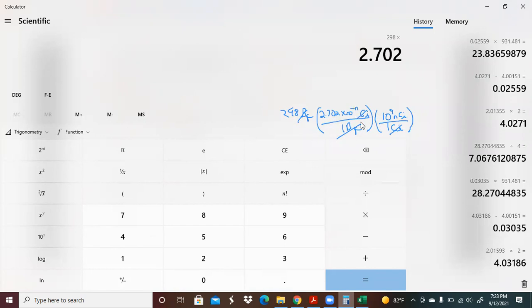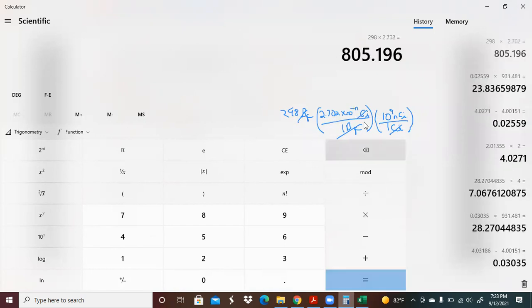Okay. Let's see what we get here. Now, I know 10 to the 11th and 10 to the 9th. Those two, if you multiply those together, end up being 10 to the minus 2.